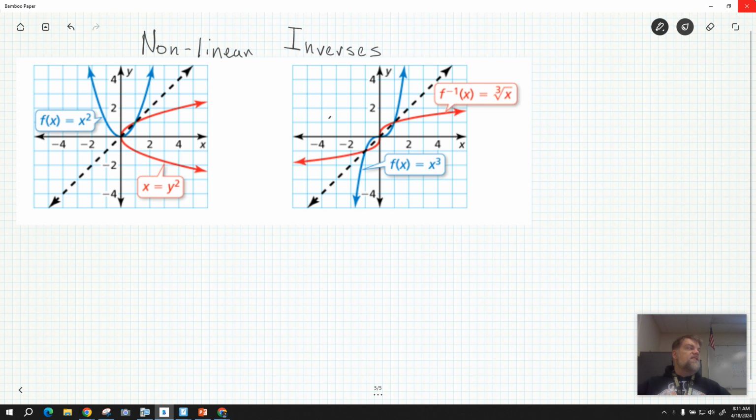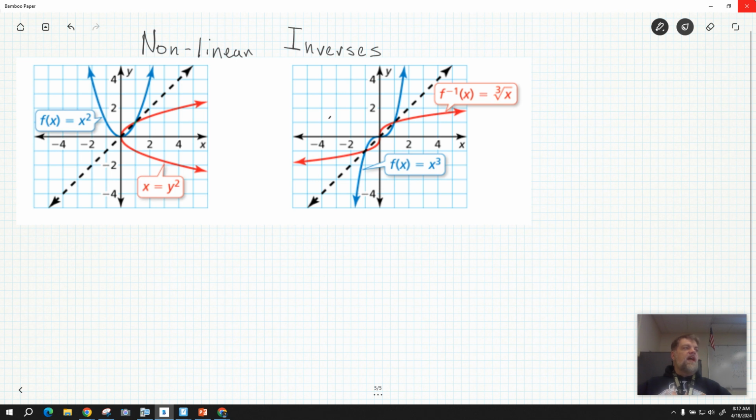And as you can see here, this is just f of x equals x squared. You guys are familiar with the quadratic equation. And then if we go through that process of finding the inverse function, we'll end up with x equals y squared. And if you were to graph it, it looks like this.